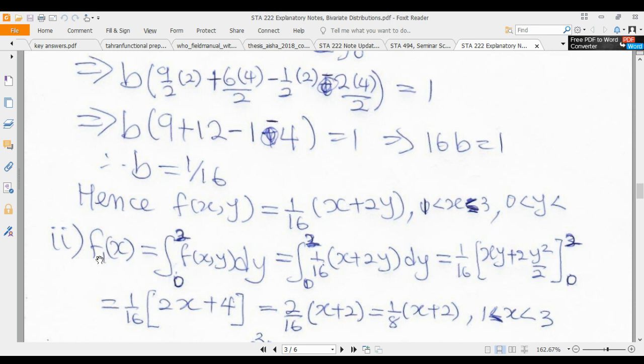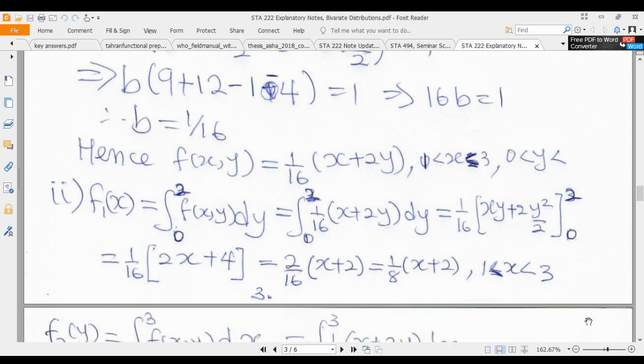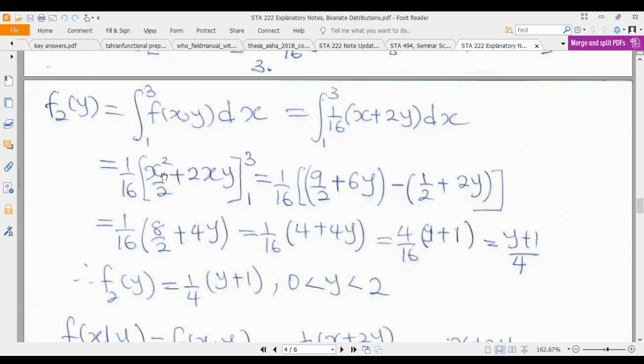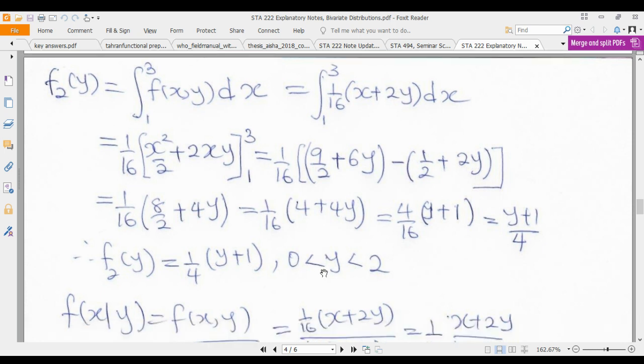So for the marginal f1 of x, you integrate f of xy dy over the range of y, 0 and 2. And that resolves to 1 over 8 into x plus 2 over this range. Similarly, f2 of y, when you follow the same resolution, is 1 over 4 into y plus 1, from y going from 0 to 2.